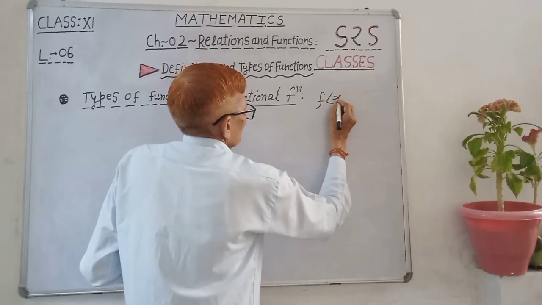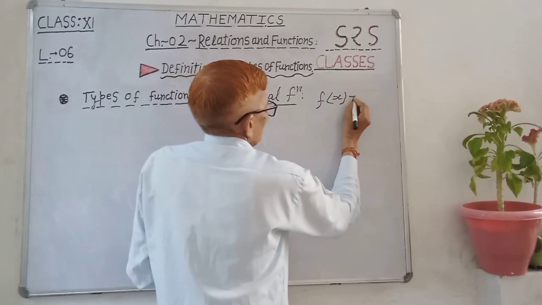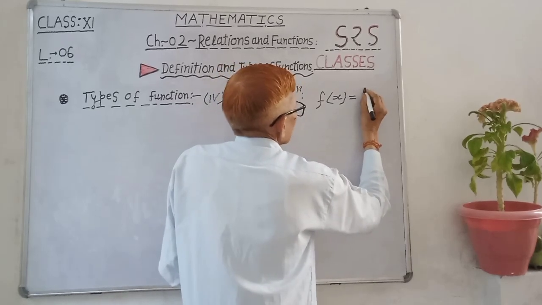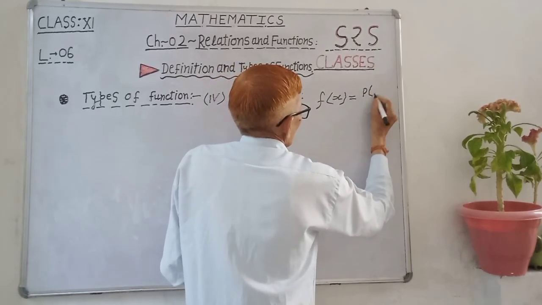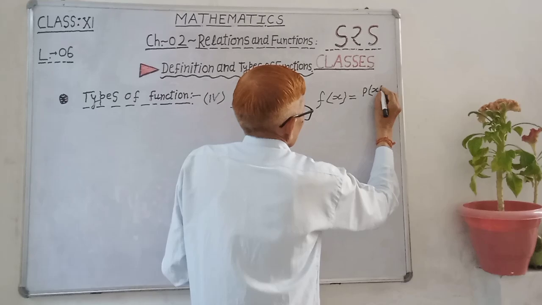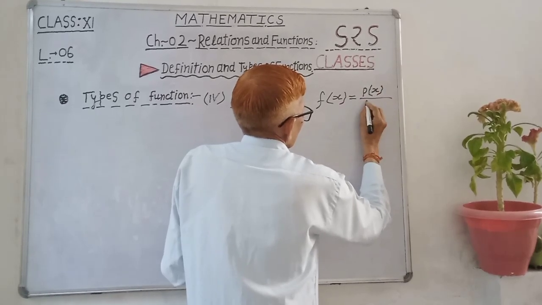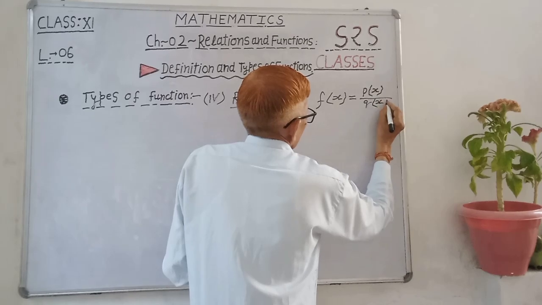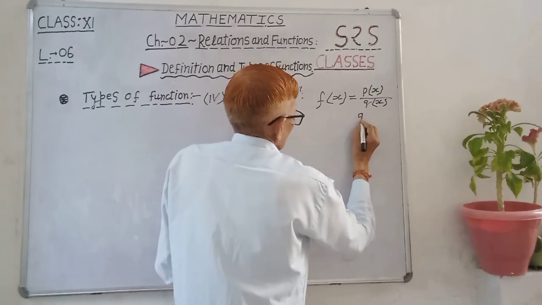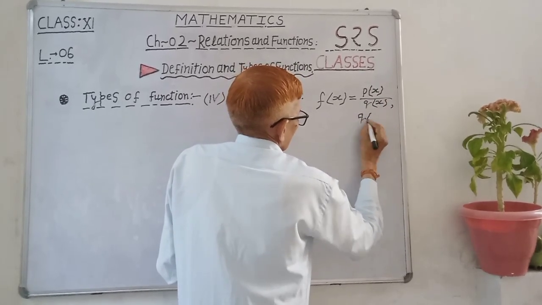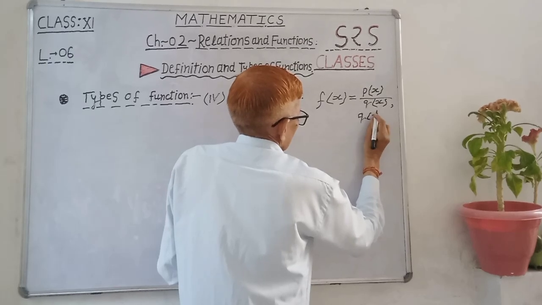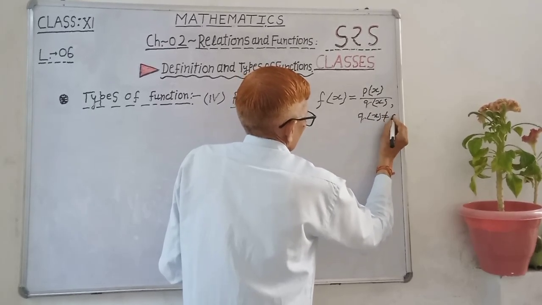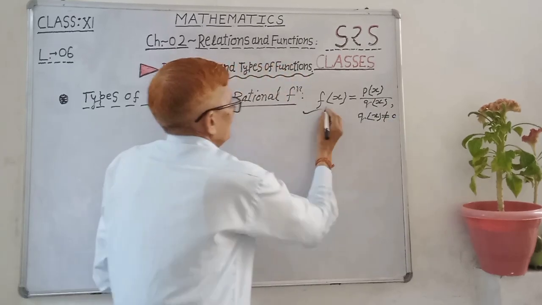In fraction form, two polynomials: f(x) is equal to p(x) upon q(x), polynomial p(x) upon polynomial q(x). q(x) should not be 0, q(x) not equal to 0. This is a rational function.